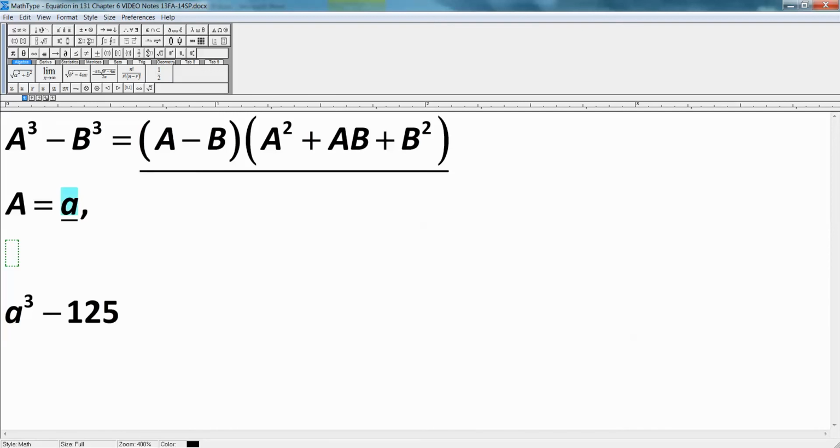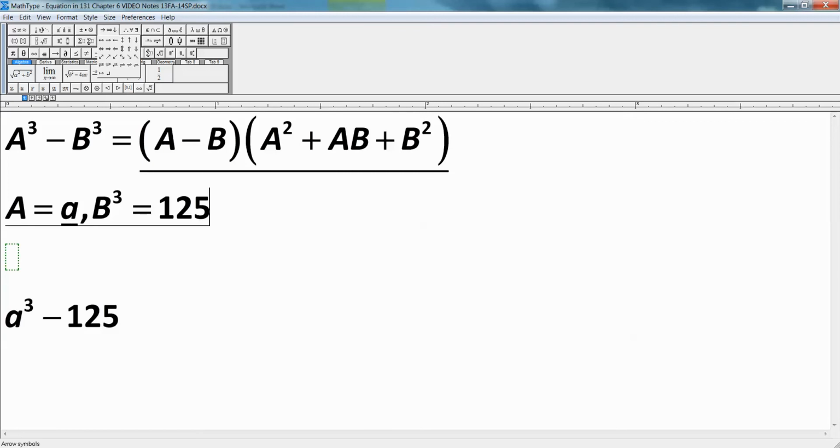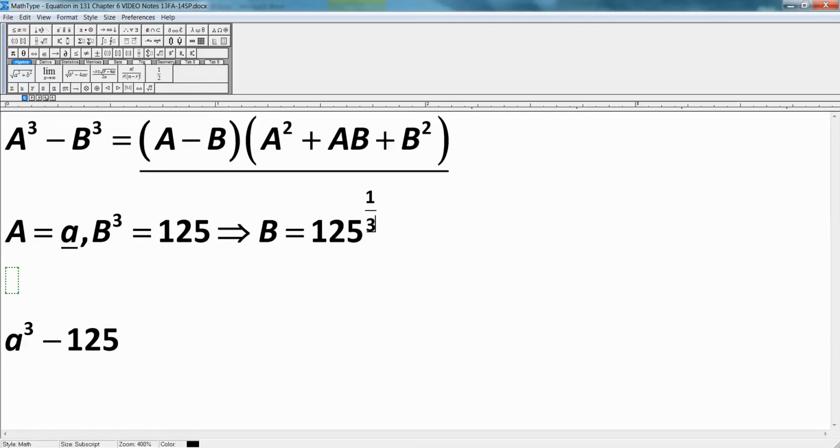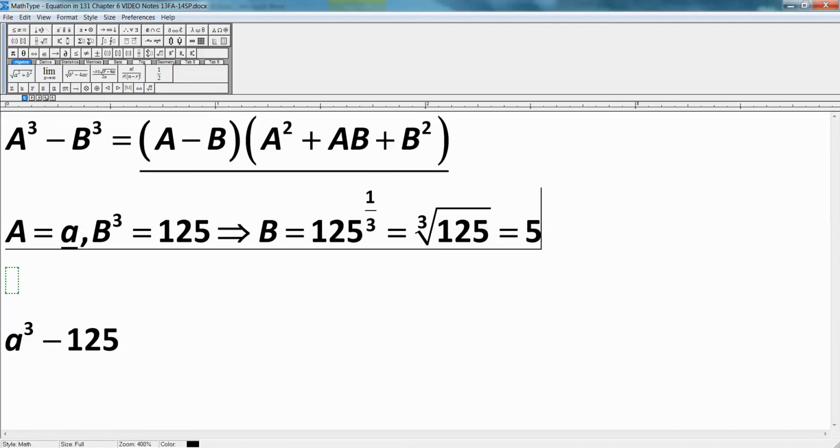So that means b is equal to 125 to the 1/3 power, which is the third root of 125. Which we learned in chapter 4 is 5, although you can find it with a calculator as well, right?